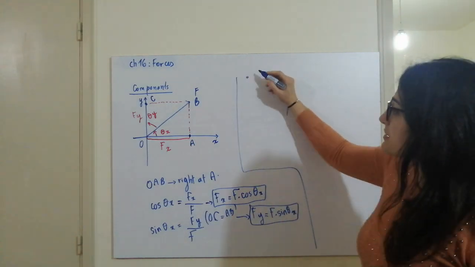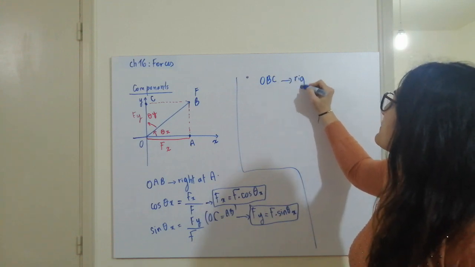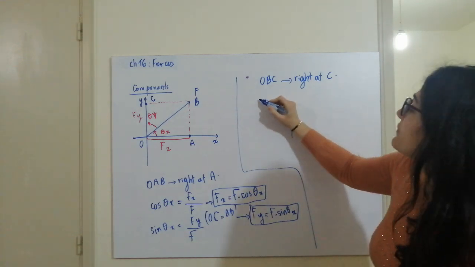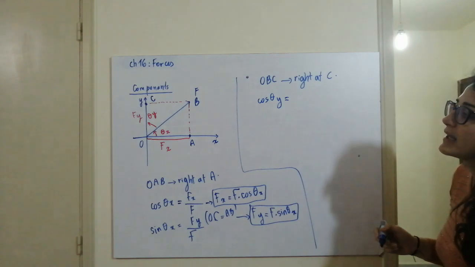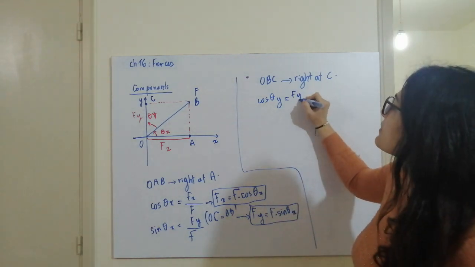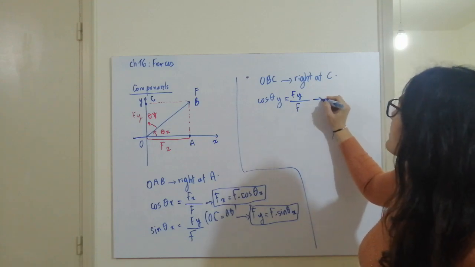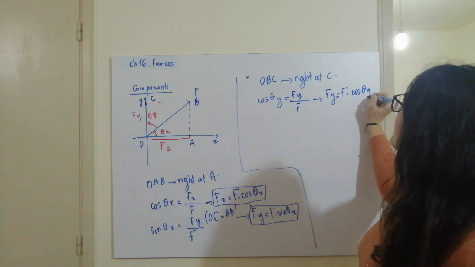Now, if you take the triangle OBC, it's right at C. So if you want cosine theta y, it's the adjacent, which is Fy, over the hypotenuse, which is F. Fy equals F times cosine theta y.